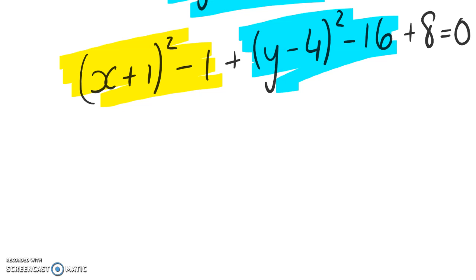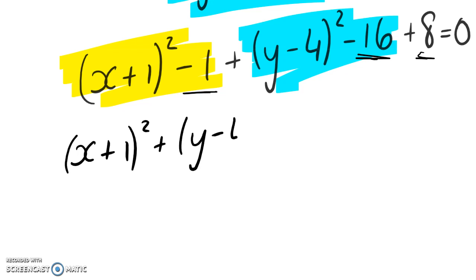So let's rearrange so that we can get all of the numbers on the right-hand side to make it really easy to read what our circle is. So we've got x plus 1 squared plus y take 4 squared equals, now when we take these numbers across to the right-hand side, we'll just flip the sign. So we've got negative 8 plus 16 plus 1.